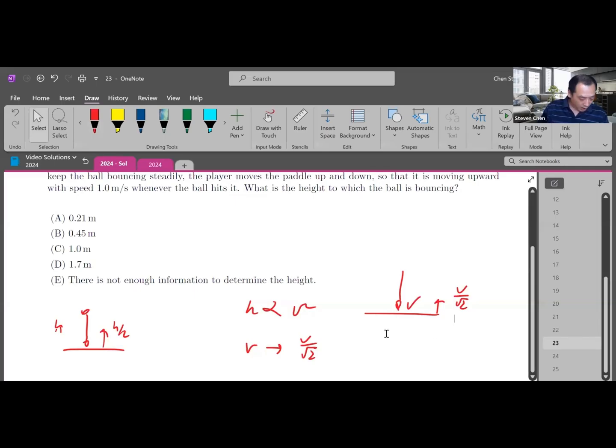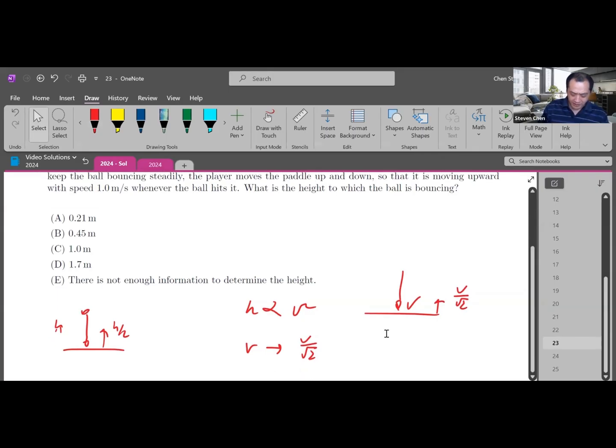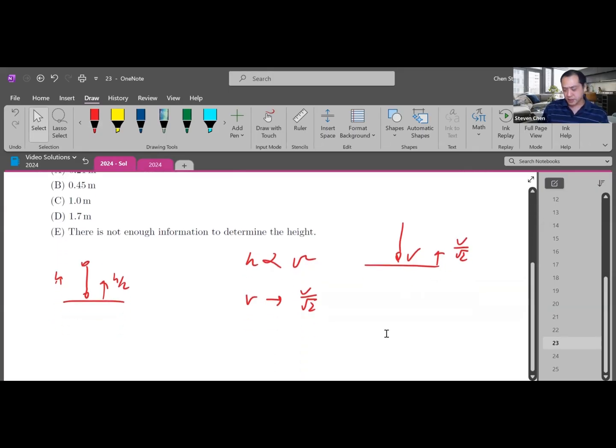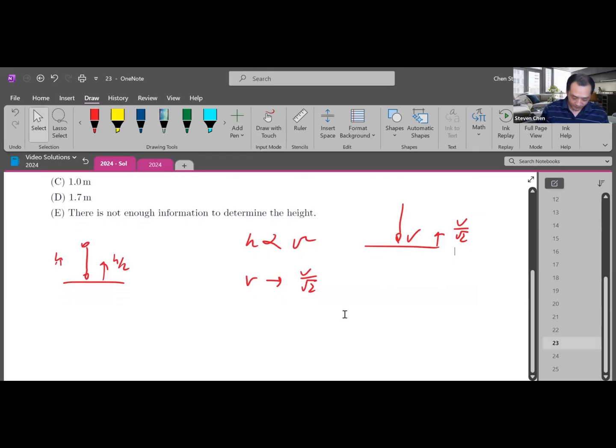Okay, all right. So the problem tells us the following scenario, right? Because we don't want to lose the speed after the ball collides with the paddle, once the ball collides with the paddle, we move the paddle up to give it some upward speed.